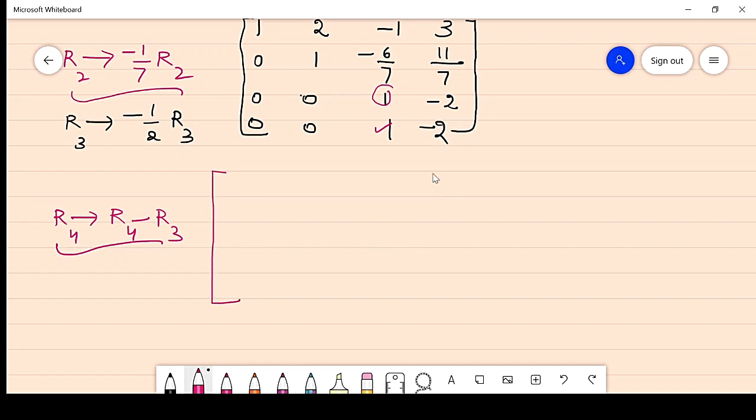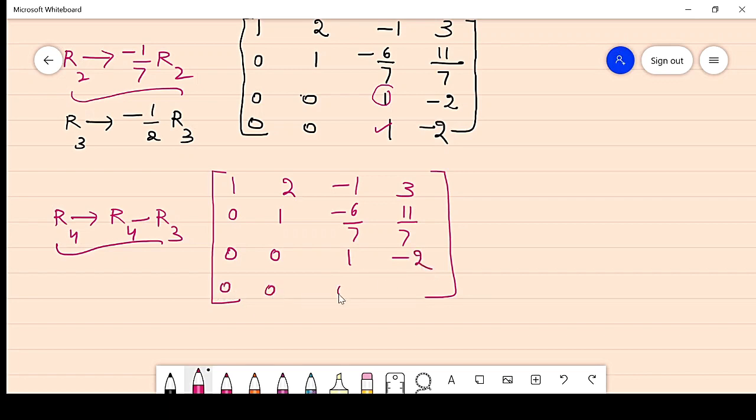So this will be 1, 2, minus 1, 3; 0, 1, minus 6 by 7, 11 by 7; 0, 0, 1, minus 2; and this will be 0, 0, 0 and 0. So all entries below the diagonal are 0. So this is a row reduced echelon form.